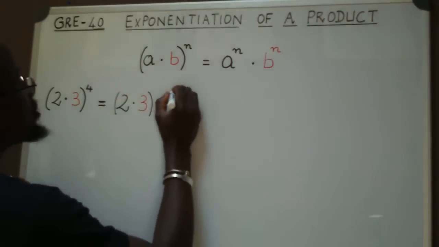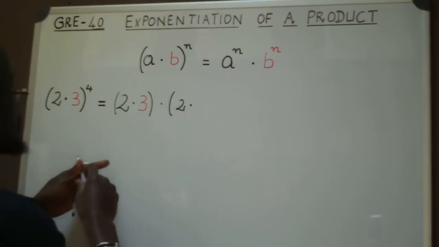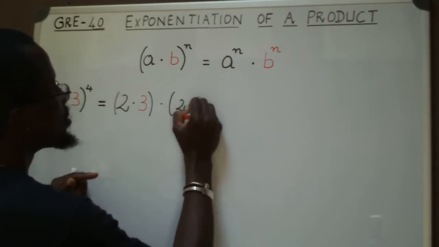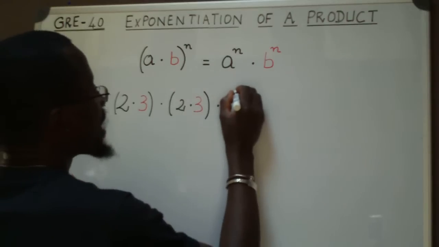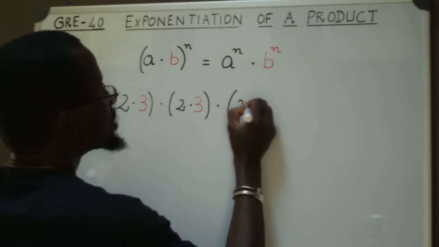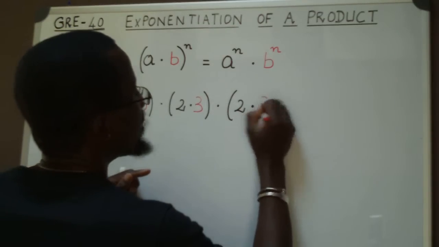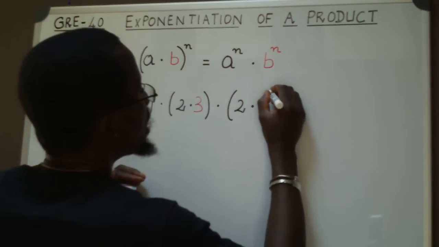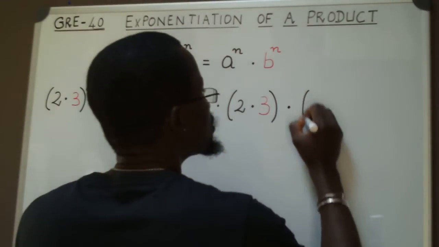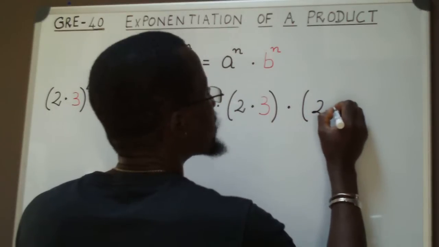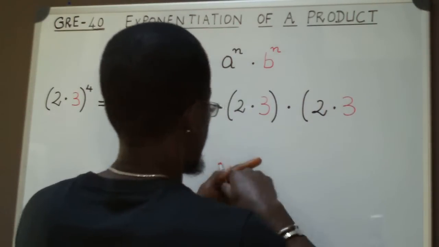Then I have again 2 multiplied by 3, my second factor. Then another factor, 2 multiplied by 3, my third factor. And then one more factor, 2 multiplied by 3.